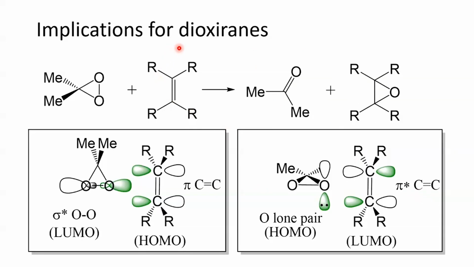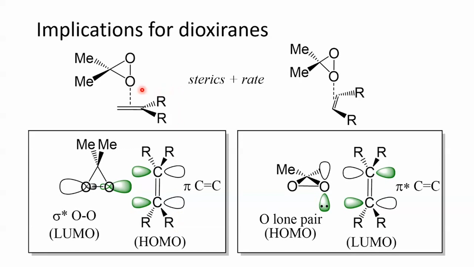If we now consider dioxiranes, so the peroxide form of acetone, similar starting material, identical product, we can come up with similar HOMO-LUMO interactions for the two states, but here there's actually interesting steric influences over the reaction that occur. So the number and the size of the R groups are going to influence the way that the reaction can proceed.